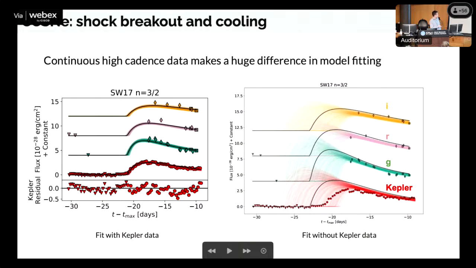You can see that without the early high cadence data, the best-fit models show extremely wide scatter, which doesn't match the non-detections of Kepler very well. So one conclusion we can draw is that early observations are very important, especially if you want to nail down the time of explosion and the rise speed.